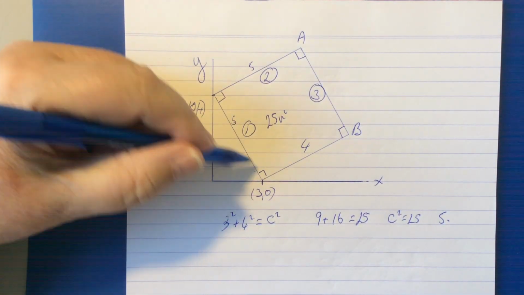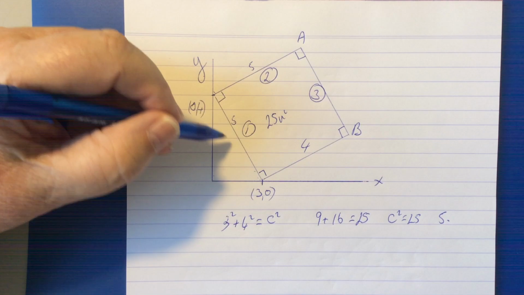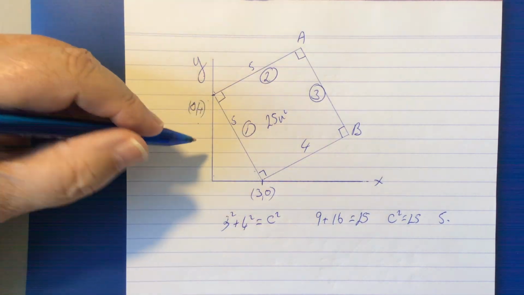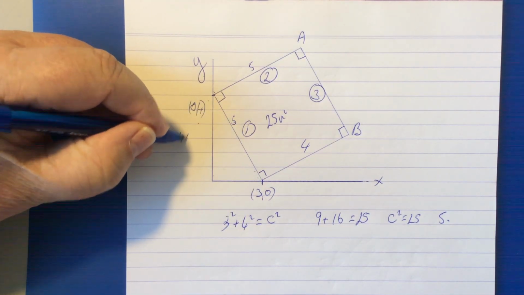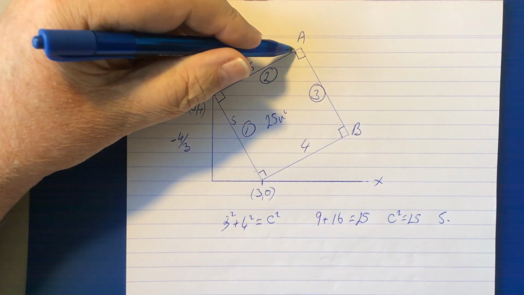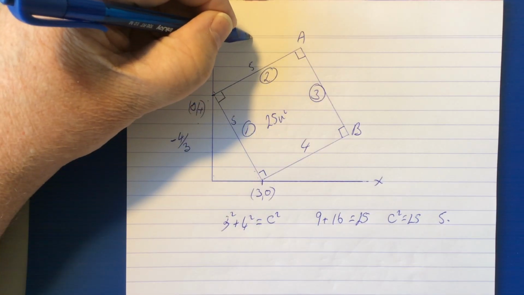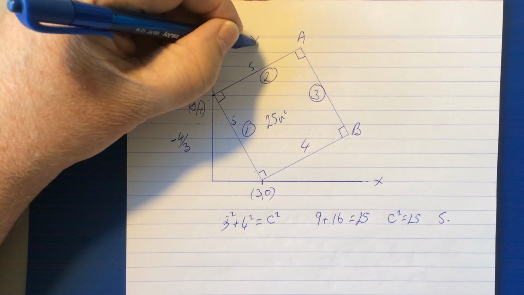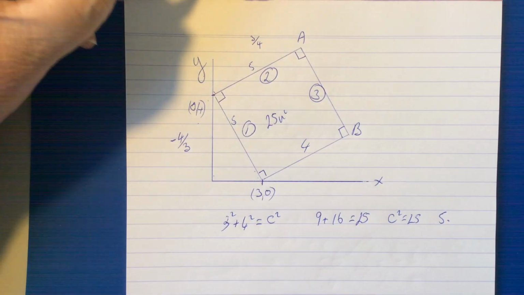So if this has a gradient of negative 4 on 3, then this line has a gradient of 3 on 4.